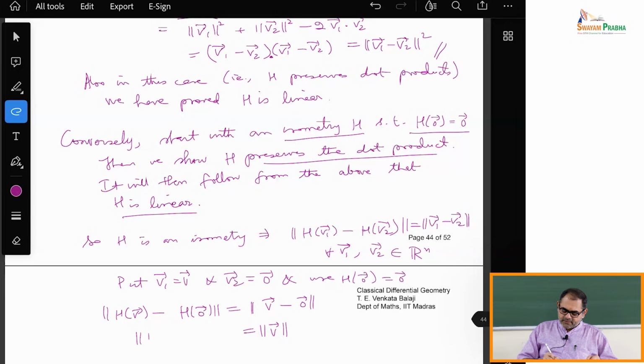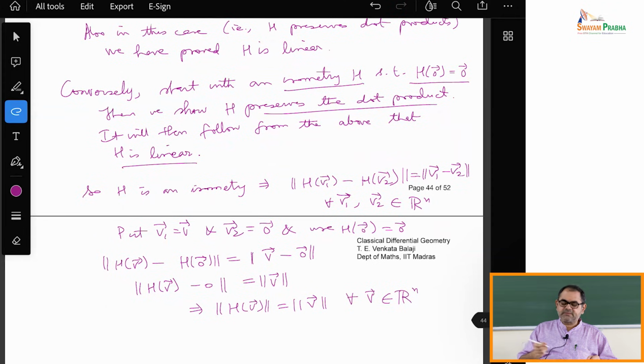What will happen is you will get norm HV, minus 0. So this implies norm HV is equal to norm V for all V in Rn. So what happens is that if you have an isometry that takes 0 to 0, it preserves norms, implies H preserves norms.